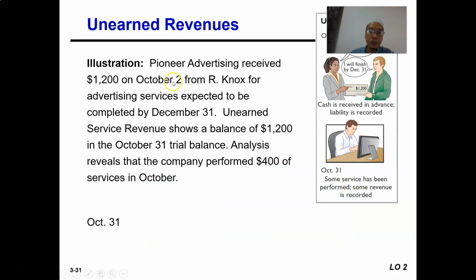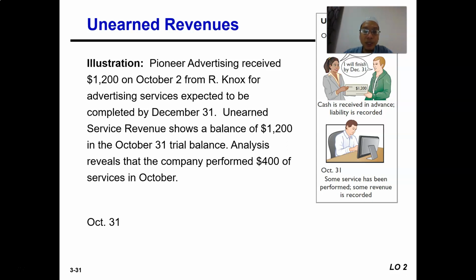Okay, so let us look at an illustration. Pioneer Advertising received $1,200 on October 2 from RNOX for advertising services expected to be completed by December 31st. Unearned service revenue shows a balance of $1,200 in the October 31st trial balance.